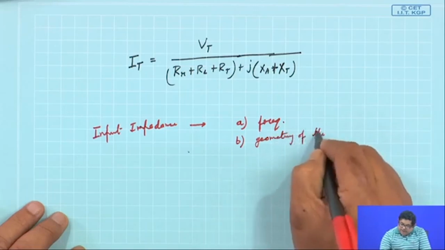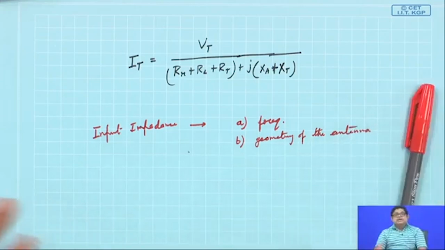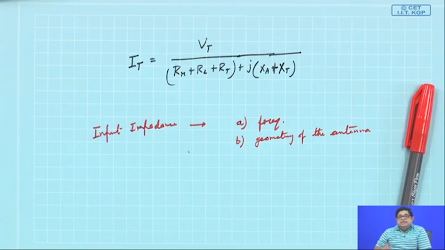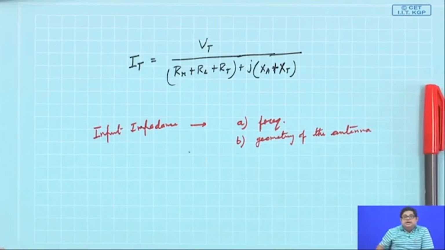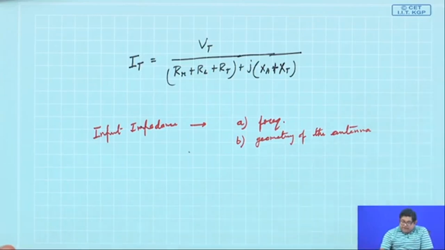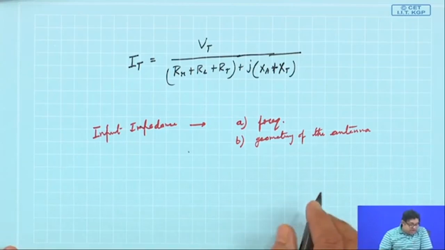When we say radiation resistance, that depends on the geometry, as we have seen with the radiation resistance of a current element. Later also we will see that a better antenna means better radiation efficiency, so that means your Rr will change. So, obviously, input impedance depends on the geometry of the antenna.